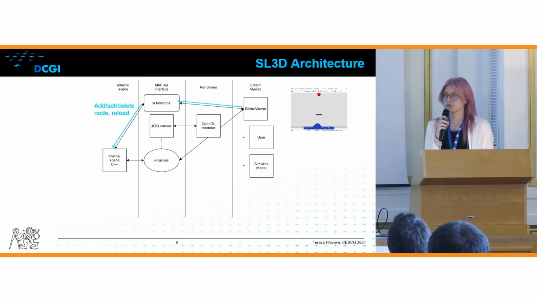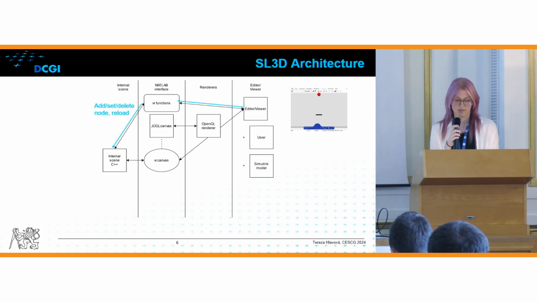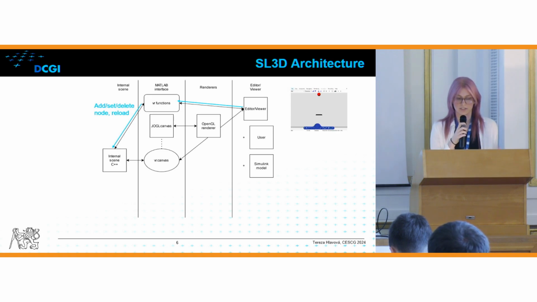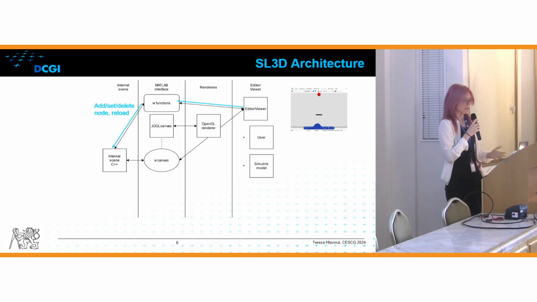So, when we want to do some animation, the user or editor or the Simulink model calls the VR functions to change the scene by adding a node, setting an object's properties, deleting it, or reloading the scene. This gets instantly changed in the internal scene in C++.